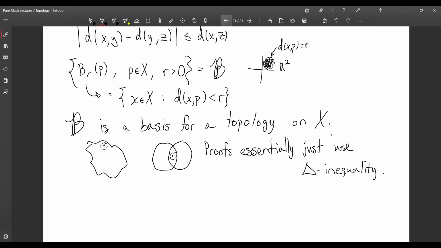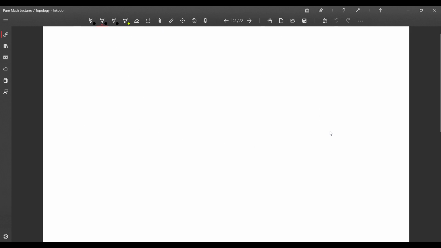So the first big thing that we can say about these metric spaces is that, in relation to the separation properties that we talked about last time, a metric space is T2, or Hausdorff. And the proof of this is pretty simple.